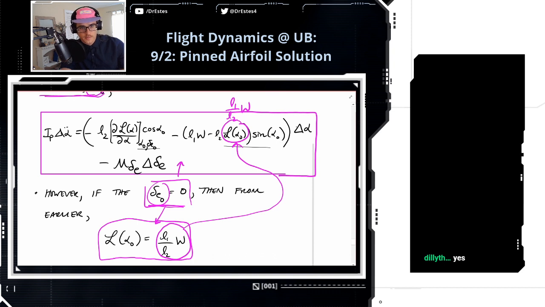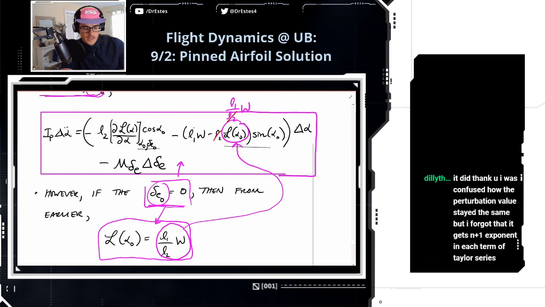Well, you're going to have the L2 terms cancel, and you're going to have L1 times the weight minus L1 times the weight. And this whole term multiplying the sine is going to go to 0.